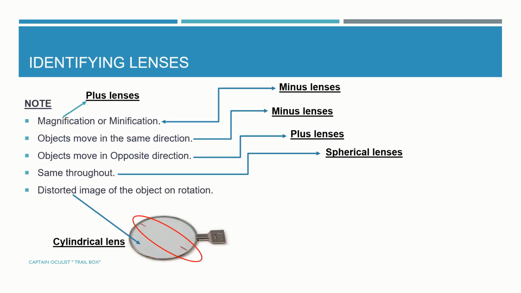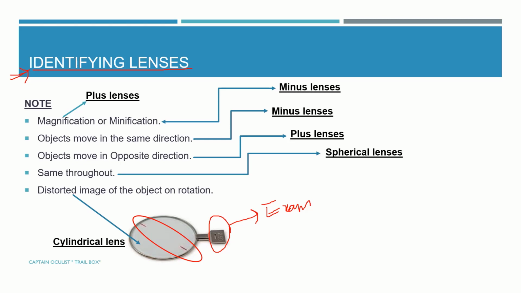Now the basic and important thing to know about lenses is how to identify a lens. Accessory lenses have unique designs, so identifying them is not a big problem. Some other lenses need evaluation to identify them, especially if the power is not mentioned over them, like in an exam or in spectacles.